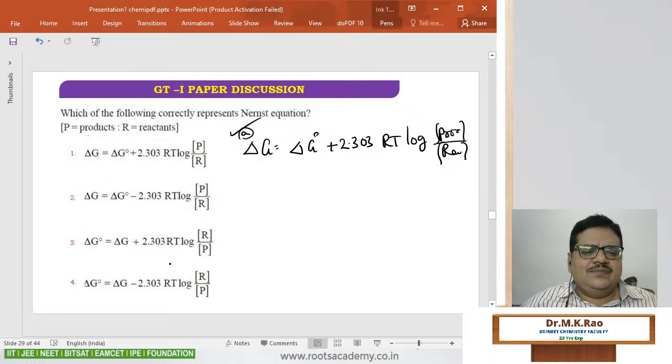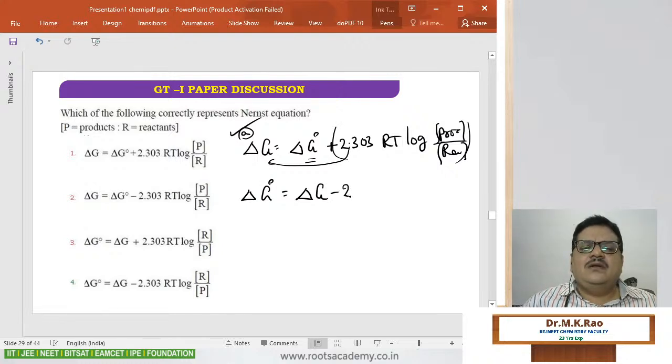Another one: you can write this equation as delta G naught is equal to delta G minus 2.303 RT log products by reactants, moving everything to the right side.